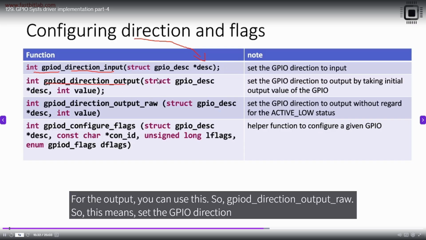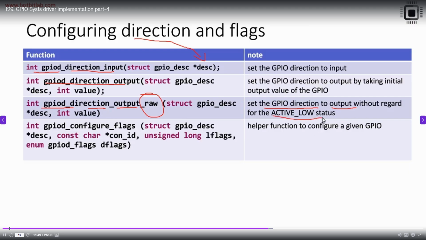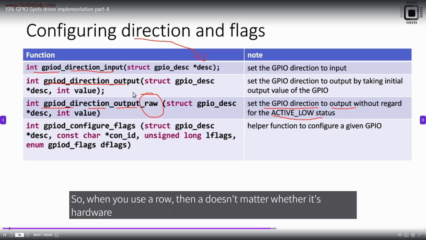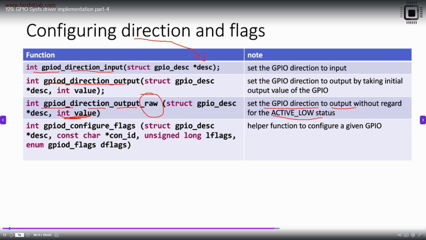For the output you can use this, gpiod_direction_output_raw. This means set the GPIO direction to output without regard for the active low status. As I said, a GPIO pin can have its hardware property like active low or active high. So when you use raw, then it doesn't matter whether its hardware property is active low or active high. The pin will be forced to the value you mentioned here. So that's the meaning of raw.